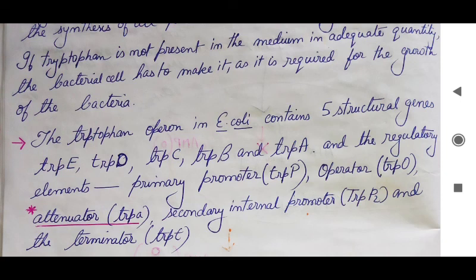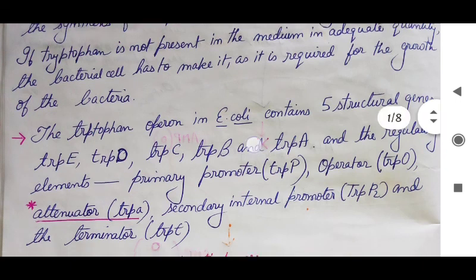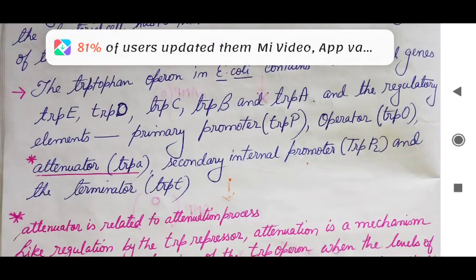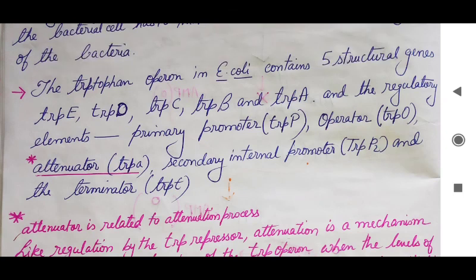Then the operator TRPO, the attenuator, which has a very important function, attenuation, as we will see during the TRP operon, and a secondary internal promoter known as TRPP2, and the terminator, designated by TRPT.